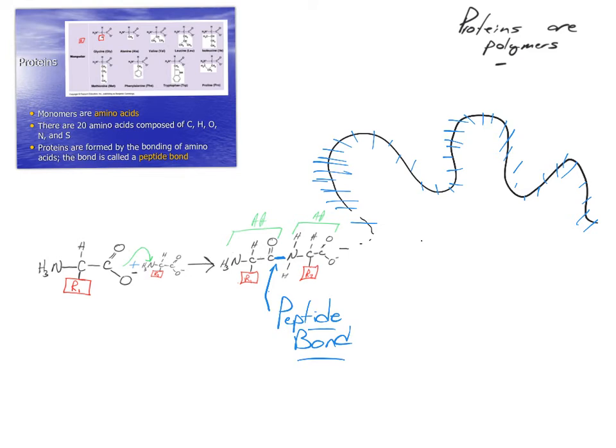So can I call this protein a poly, what? It is a polymer, you're right, but specifically a polypeptide. You remember we said polysaccharides for polymer of sugar? Well, a polymer of amino acids, we can call a polypeptide. Why? Because there are many, many peptide bonds holding it all together. Are we good with this?